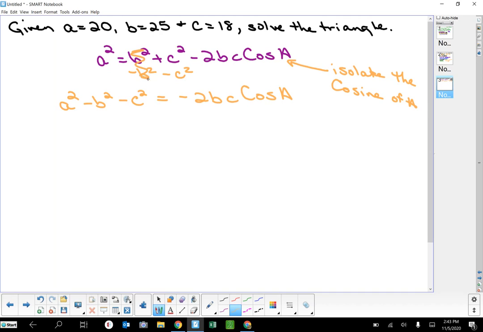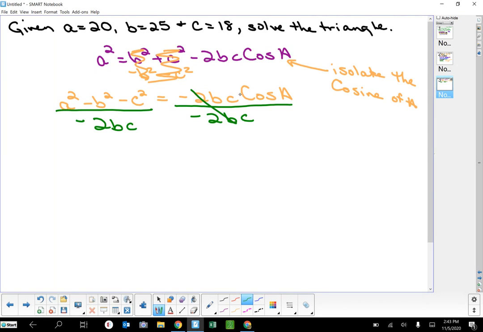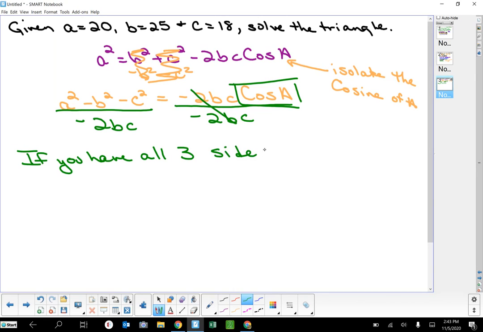Right? We get rid of these. Now what I'm going to do is divide this side by negative 2BC to cancel this out. What I do to one side, I have to do to the other, and that gets this cosine of A all by itself. So if you have all three sides, use this formula.